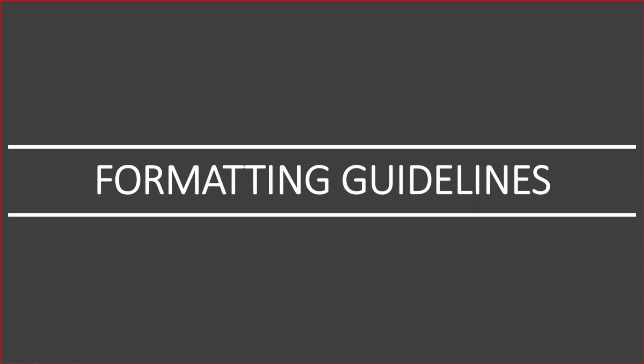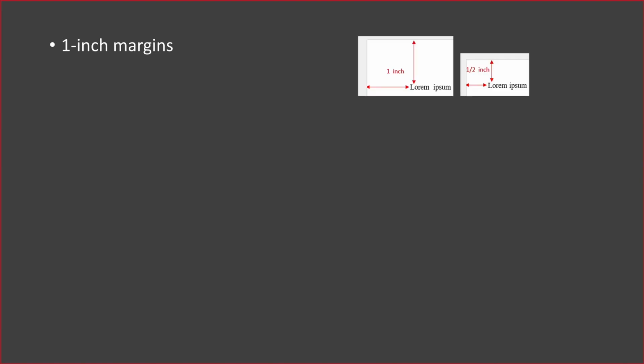So now we want to go ahead and look into the meat of the topic, the formatting guidelines for MLA when you're writing an essay. The first major thing that you need to know about MLA formatting is that you have to have a 1-inch margin around your page. That simply means that from the edge of your text, there is a 1-inch boundary around each corner of the page.